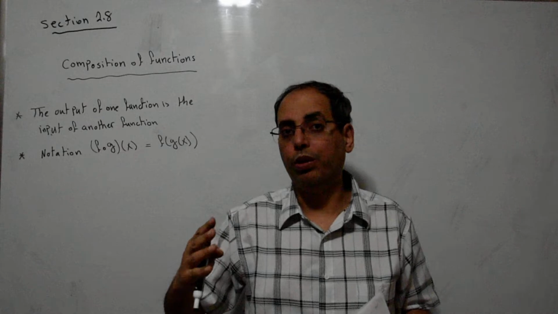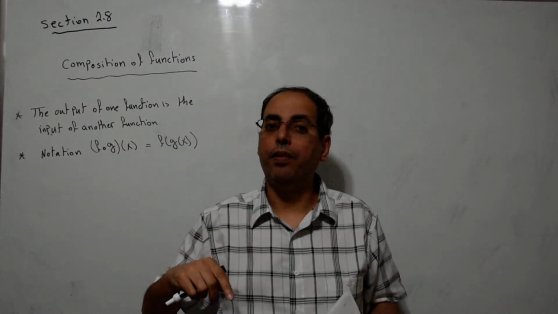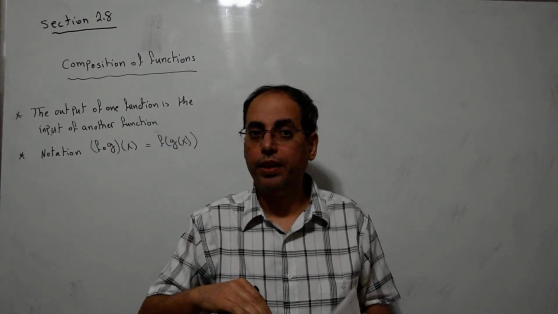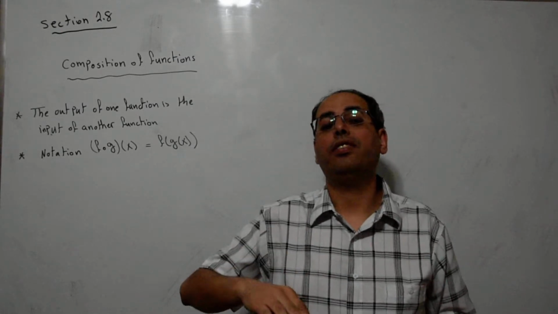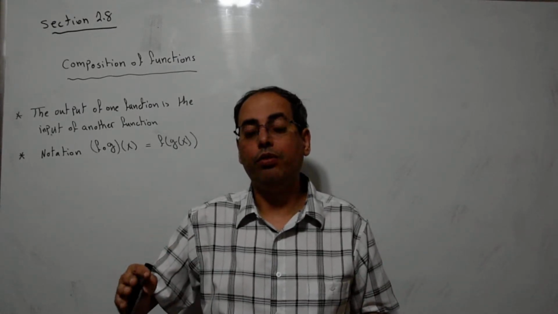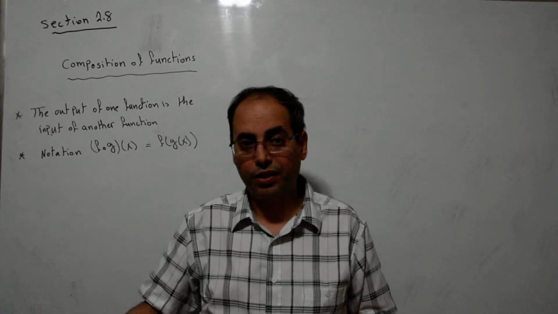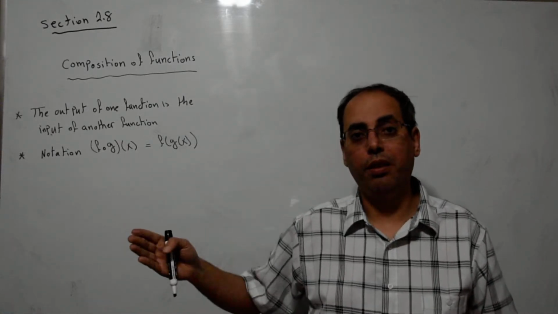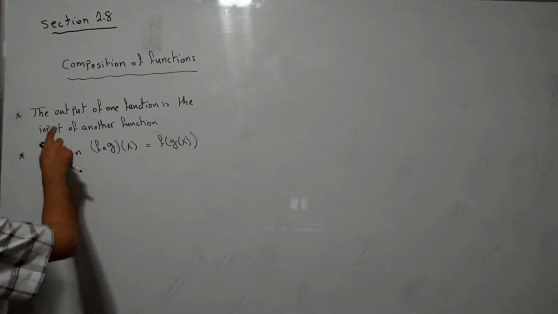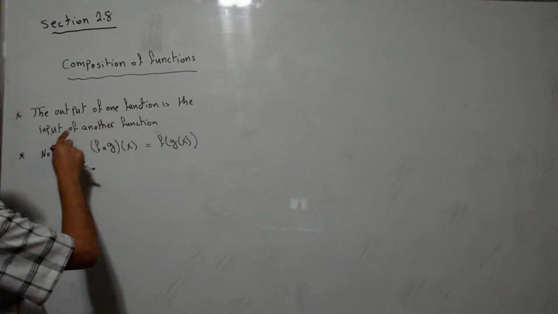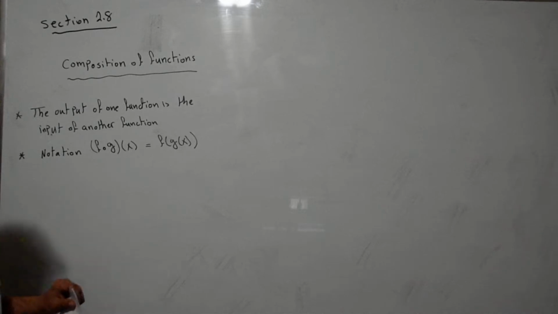So altogether I can have a function that cuts the potatoes first and then fries the potatoes. Therefore the output of the first function is an input for the second: the cut potatoes are the input for frying. So the output of one function is the input of another function.